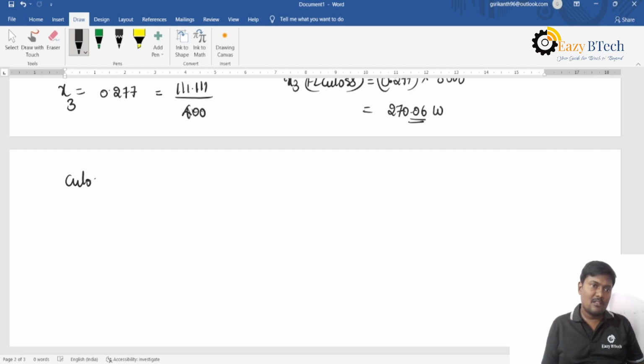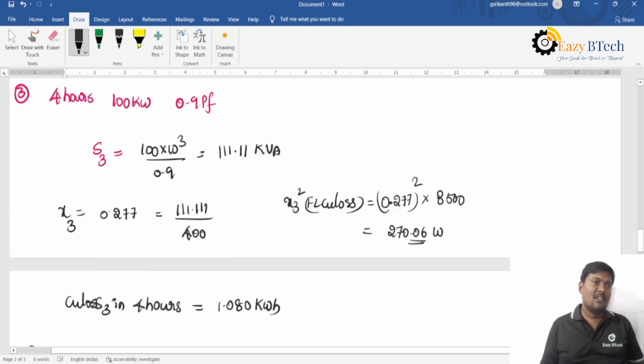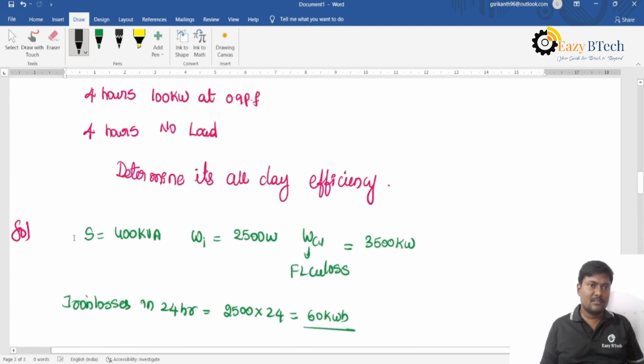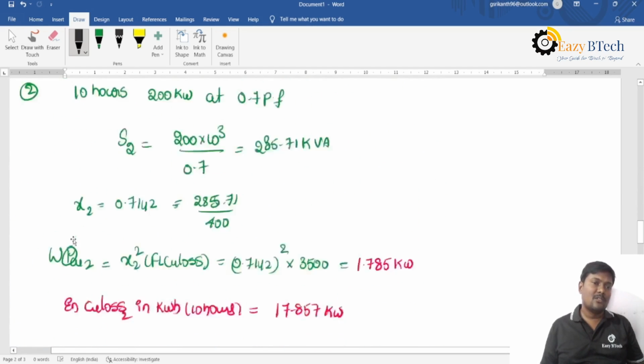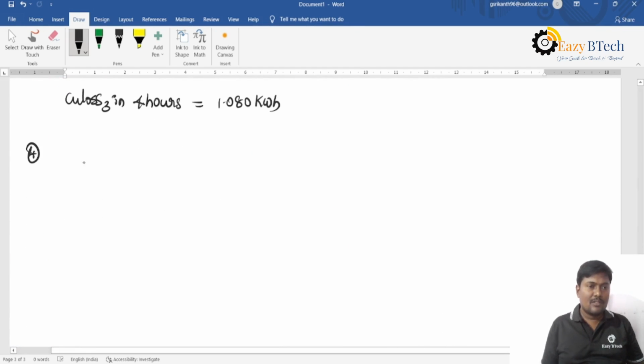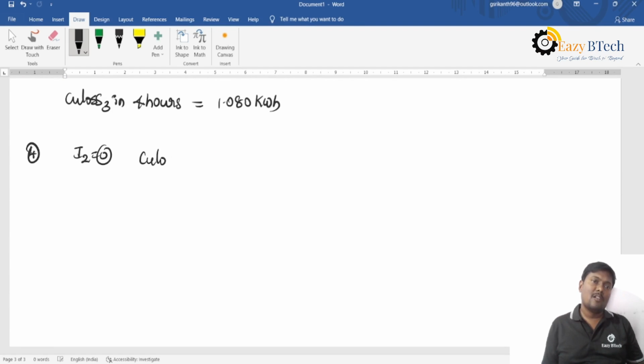So copper loss 3 in 4 hours is 1.080 kilowatt hour. And coming to the fourth one, 4 hours at no load. 4 hours at no load means the secondary current is 0 and the copper losses in this section is 0.